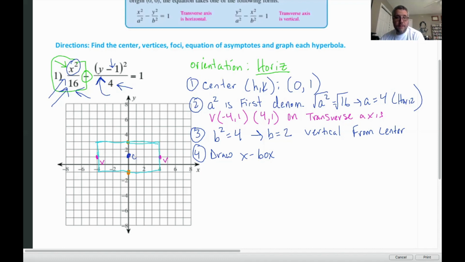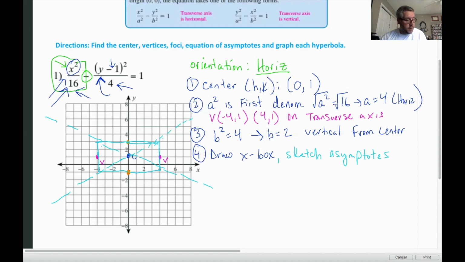Okay? So instead of having a plus sign, you're framing it in like that. What that will allow you to do is that will allow you to sketch the asymptotes. So draw the X box, sketch the asymptotes, which are the imaginary diagonal lines that kind of frame the hyperbola in. They go through the corner of this rectangular box, through the center, out the other corner.